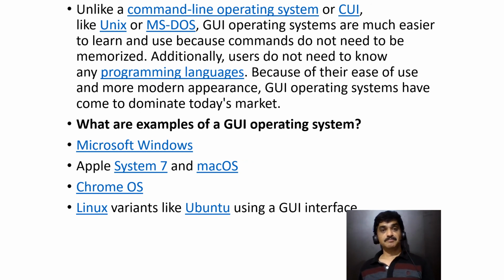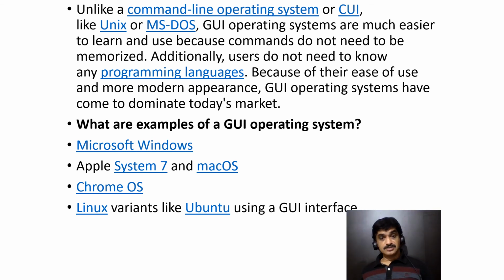Which are the platforms where GUI is used? Before GUI, there was another system called the command line operating system, or command based user interface, like Unix or MS-DOS, the disk operating system. When GUI was invented, Apple used that interface very efficiently, in 1983.